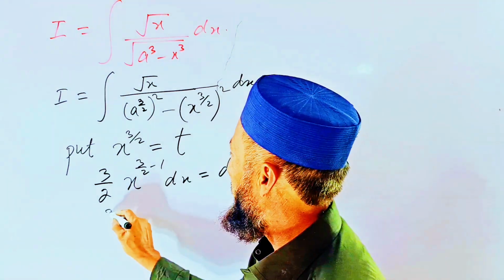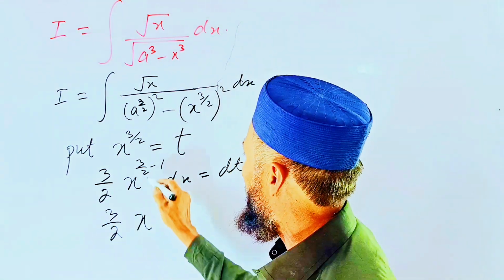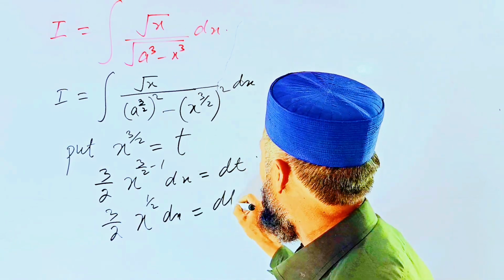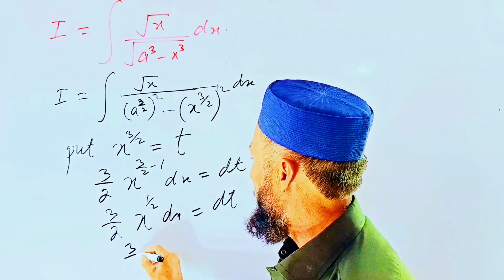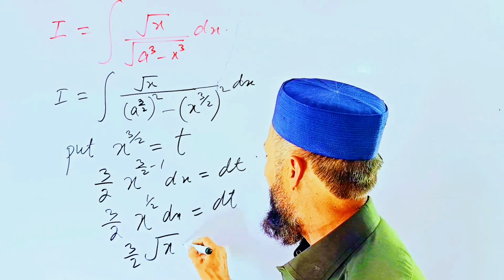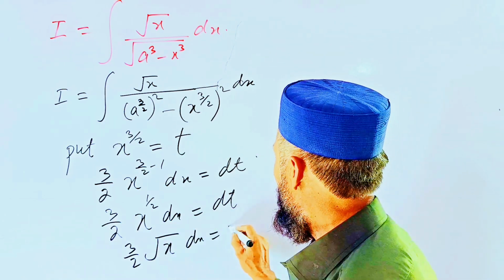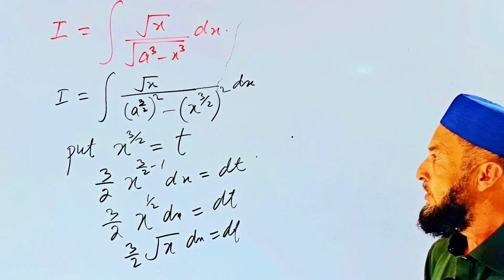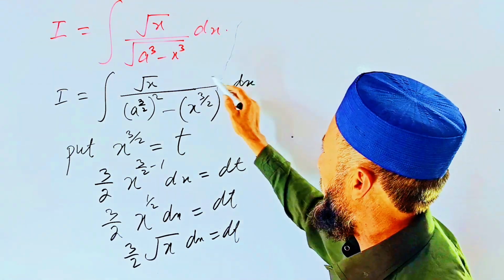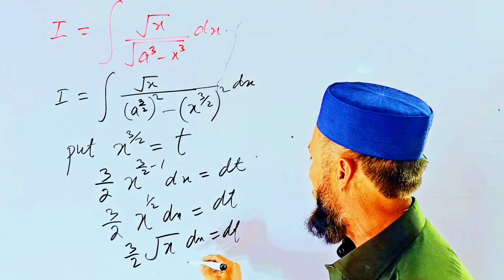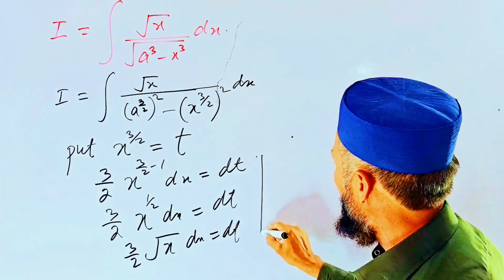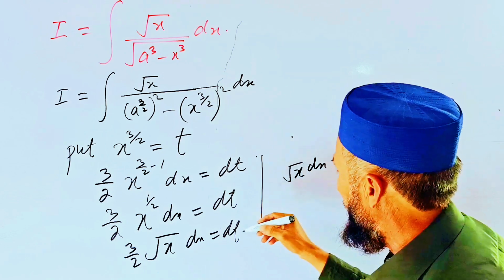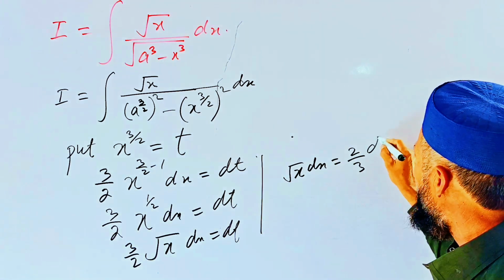Now further we can simplify: 3/2 x^(1/2) dx is equal to dt, and 1/2 we can write in square root form. So here dx and x under root are available, so x under the root dx is equal to 2/3 dt.